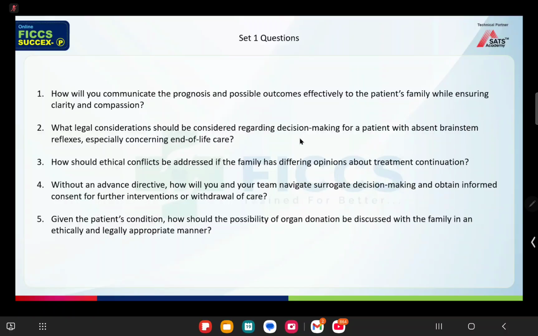Okay. Then, without an advance directive, how will you and your team navigate decision making and obtain informed consent for further interventions or withdrawal of care? You already spoke something about it. Paras, you want to answer this?